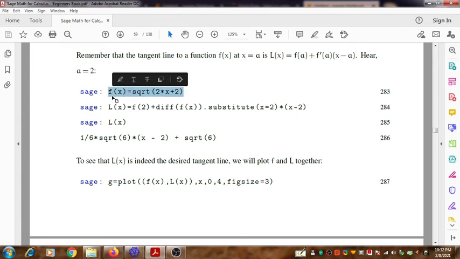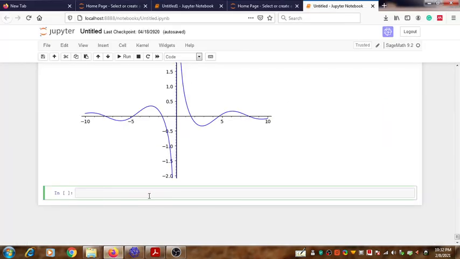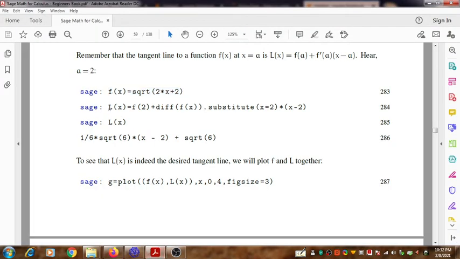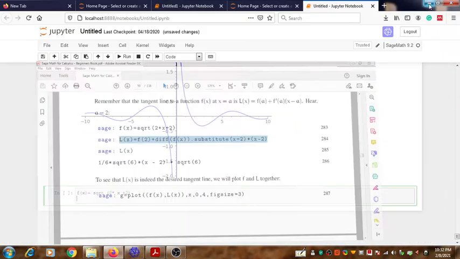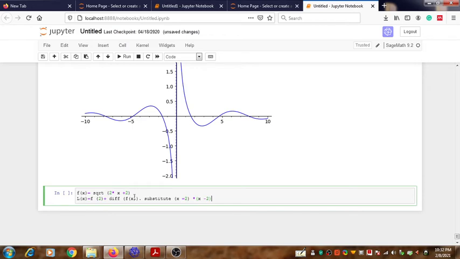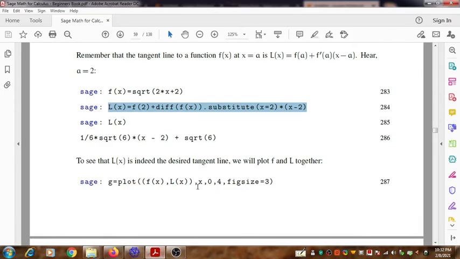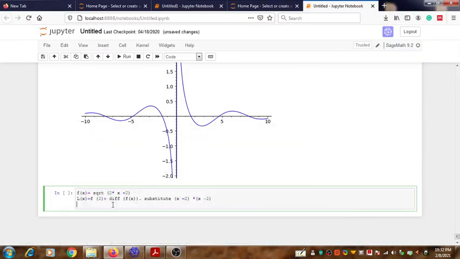The answer can be implemented. See f(x). Next, that equation of the line can be entered. Then I want to take the output, the equation of the straight line.